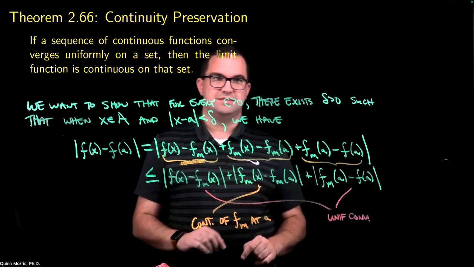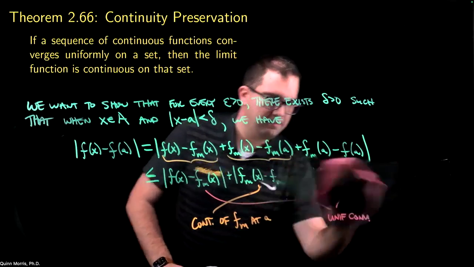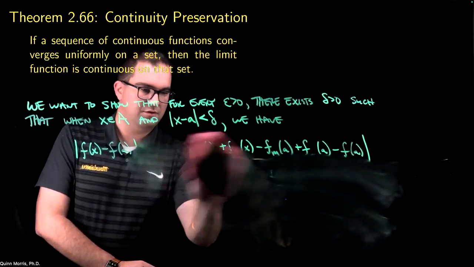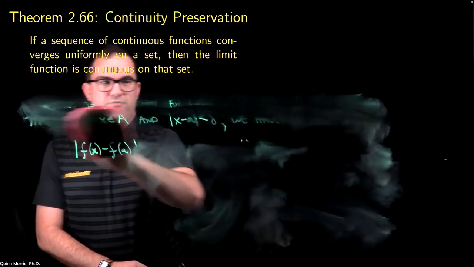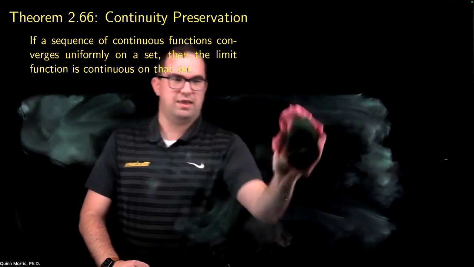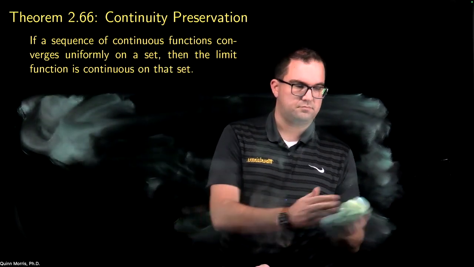So this whole thing is less than epsilon. So we've got a game plan. As with all game plans, we may have to make some adjustments once we get in the middle of things, but hopefully this is a pretty good plan of attack to prove this theorem.